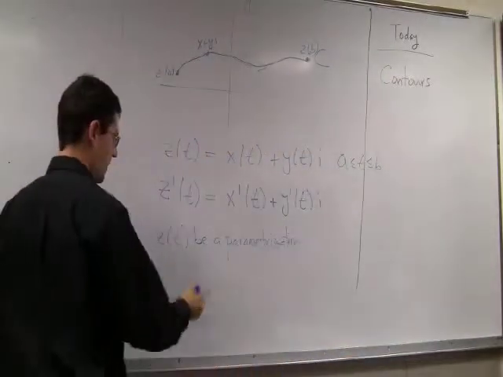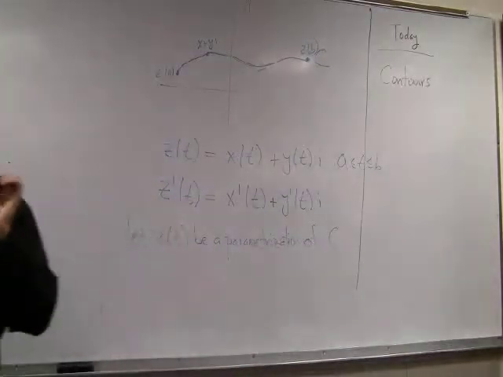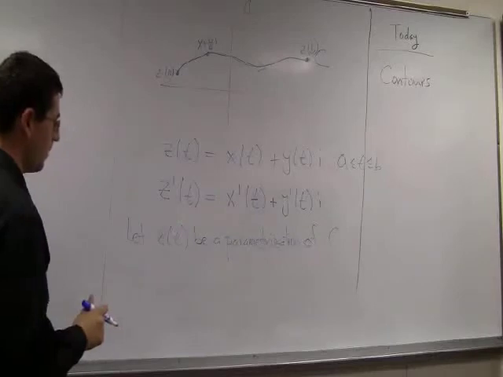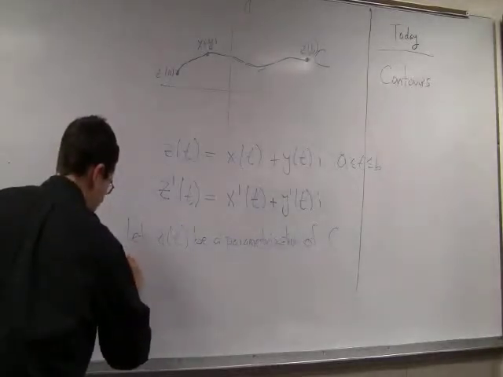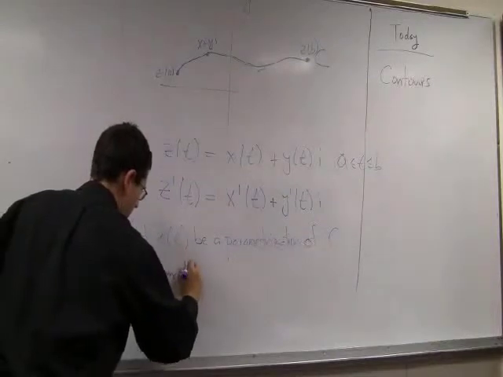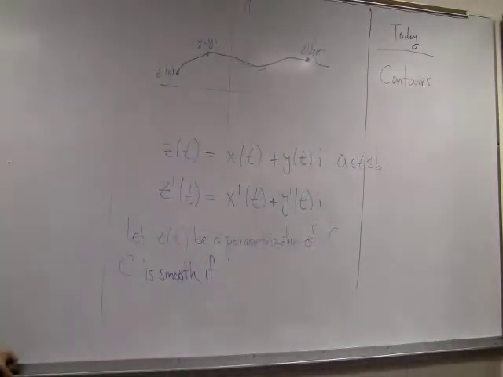That's what happens. So let Z of t be a parameterization of C, and remember, we've already done several examples of this. You can have multiple parameterizations of the same curve. Okay. So C is smooth if, well, what do we want?